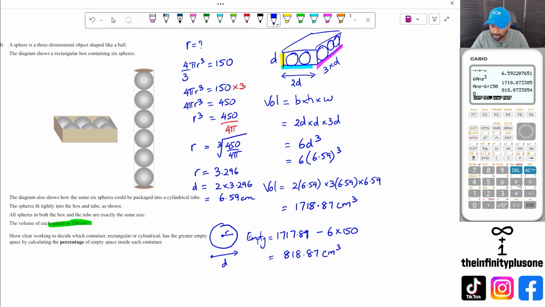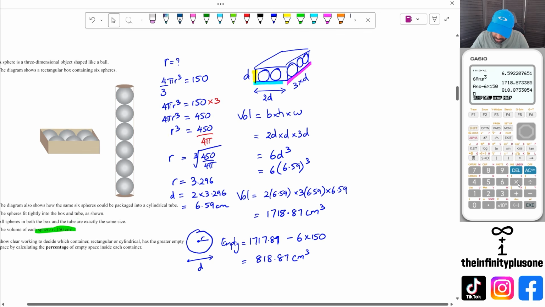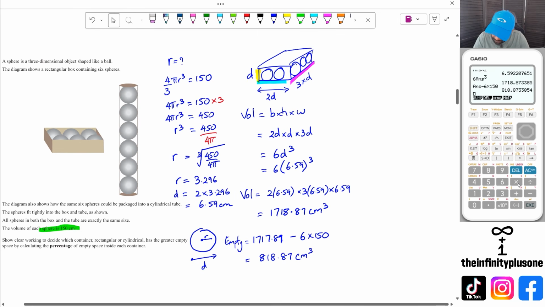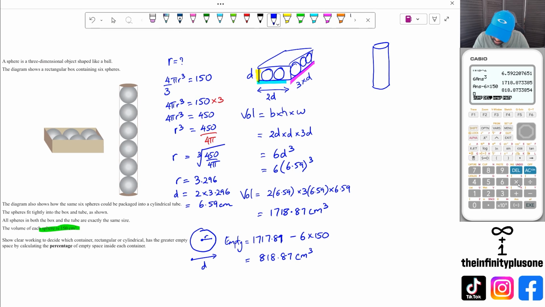Now this is for the cuboid. Now I'm going to work out the cylinder one. So for the cylinder, your radius is equal to, I think we found it as 3.296. And altogether that one had, sorry, terrible diagram, six of those balls.